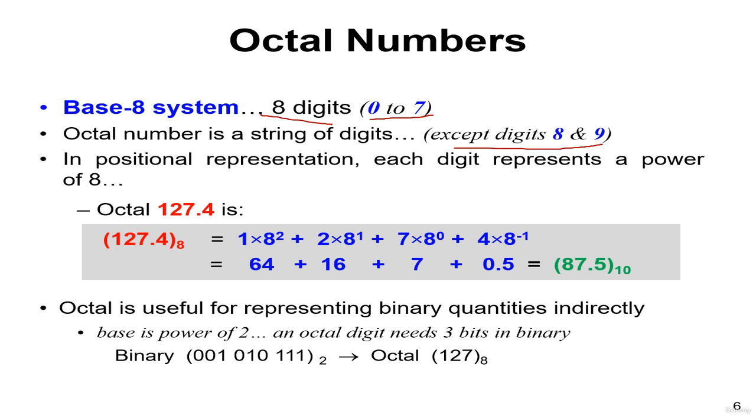So instead of dealing with notation like 001, 010, 111, which is difficult to remember, we can alternatively represent this in a short form, right? So 1 is basically 001, it is an octal number. This 2 is 010, and this 7 is 111. Later on we would see how we convert numbers from one form to another. So you would see how this number is equivalent to the binary one.